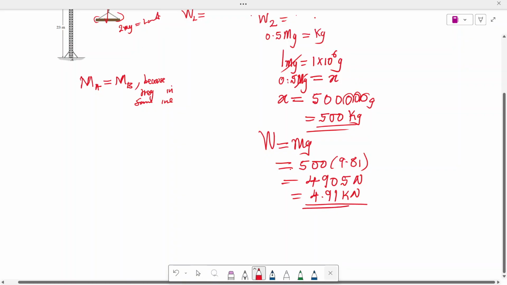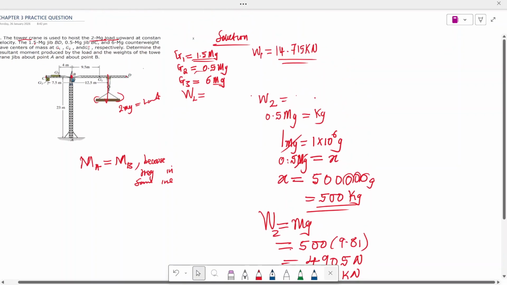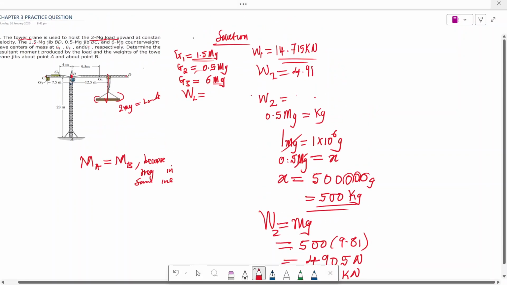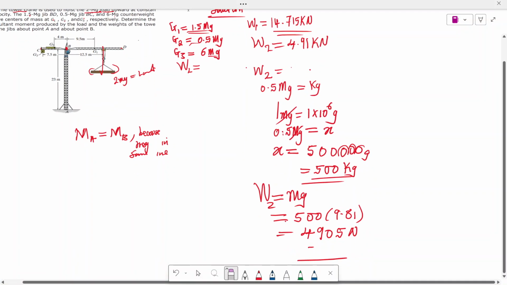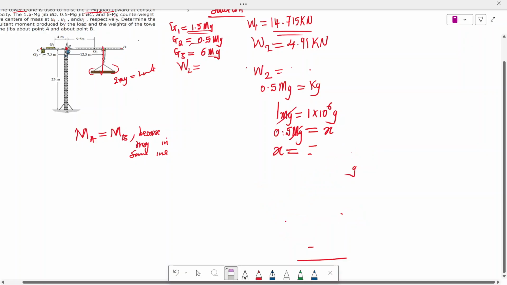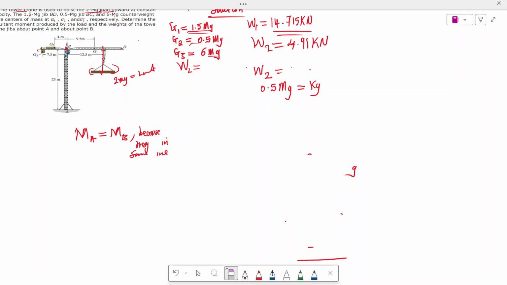This is our weight 2. You can plug it there. Weight 2 is equal to 4.91 kilo newton, as simple as that. I just want to show you the whole method of how you can go about this question.